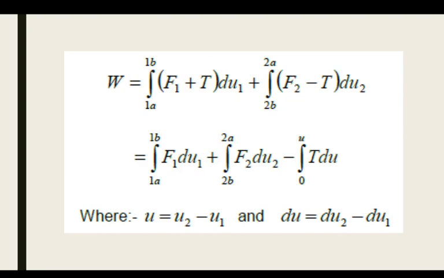Now if you simplify this, you will get the integral from 1A to 1B of F1 du1 plus the integral from 2A to 2B of F2 du2 minus the integral from 0 to u of T du, where u equals u2 minus u1 and du equals du2 minus du1.